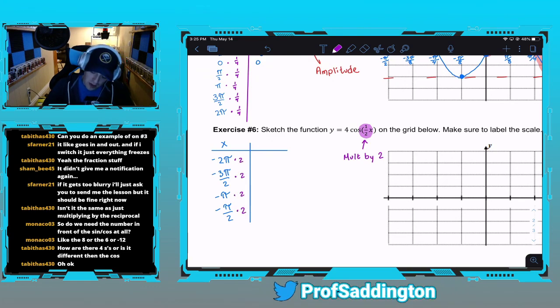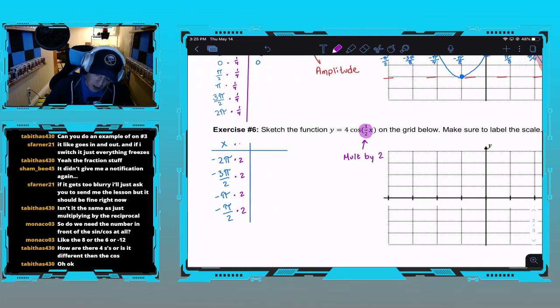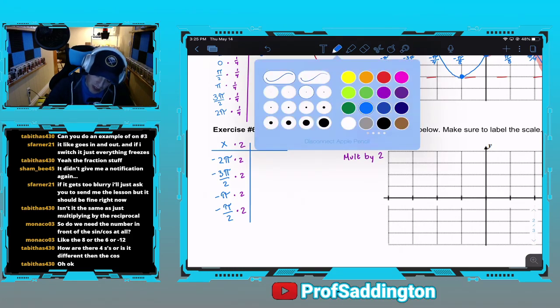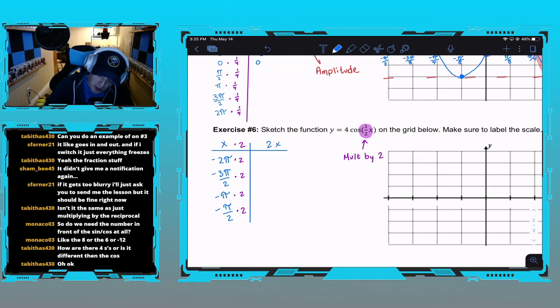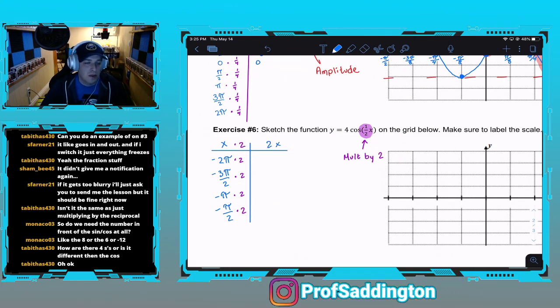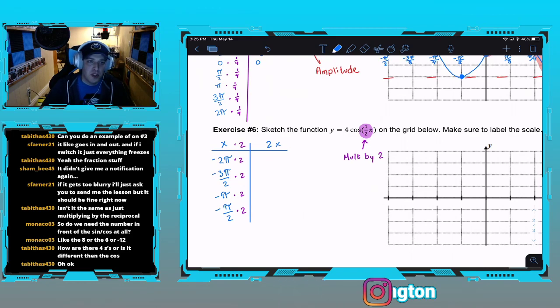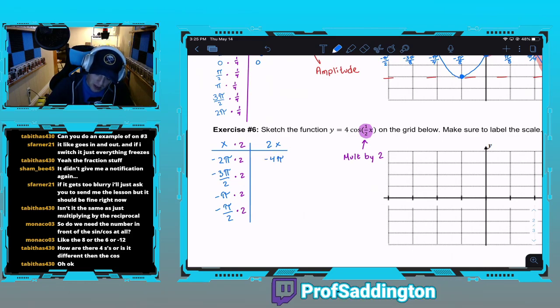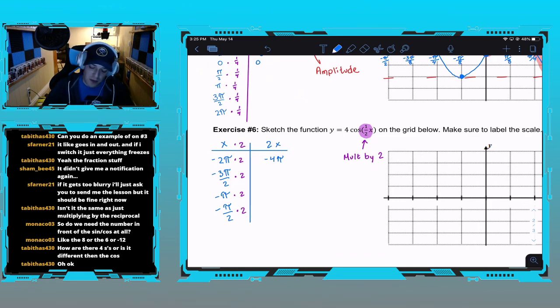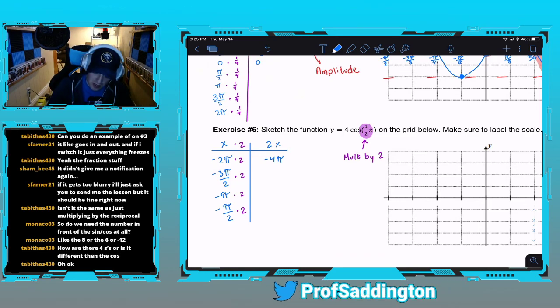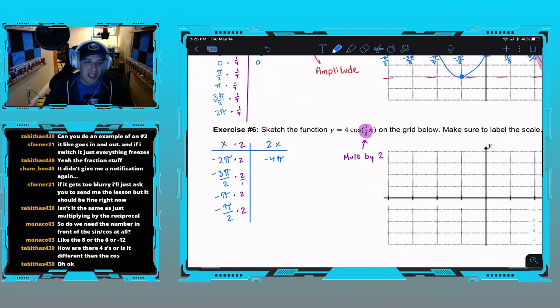Okay? So if I'm multiplying it by 2, that means my new form should be 2 times x. So I'm just going to multiply them out. Negative 2 pi times 2 is really just going to be negative 4 pi. If we did negative 3 pi over 2 times 2, if I put that 2 over 1, we technically could cross cancel, and those 2's are gone.